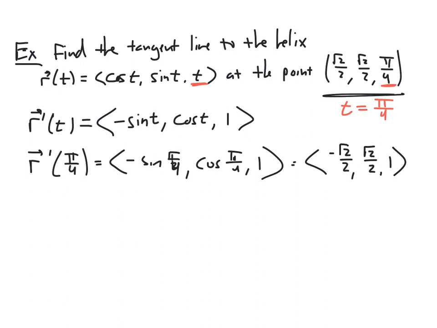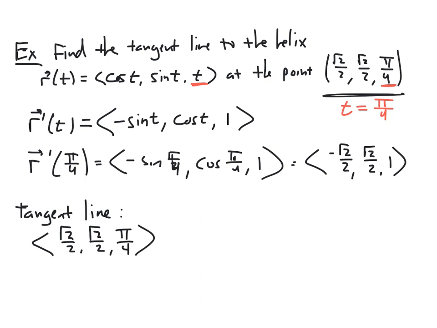And so our tangent line is given by the following. We take our given point for the line in vector form, so square root of 2 over 2, square root of 2 over 2, pi over 4. And we add to that t times the direction vector, negative square root of 2 over 2, square root of 2 over 2, and 1.